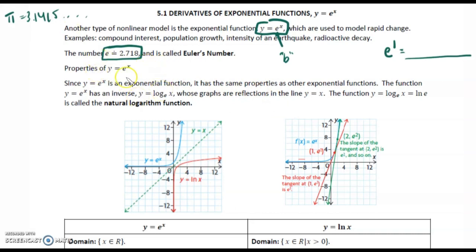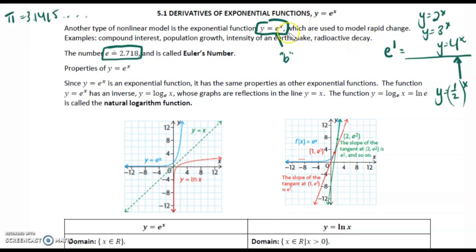Okay, so here are some properties of e to the x, and I just want to highlight, so far we've graphed functions in advanced functions and in intro to functions, like 2 to the x, we've graphed 3 to the x, we've graphed, say, 4 to the x, and so on. We've graphed all of these numbers, even maybe 1/2 to the x. Okay, we've graphed all of these exponential functions.